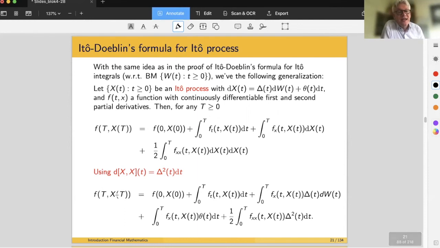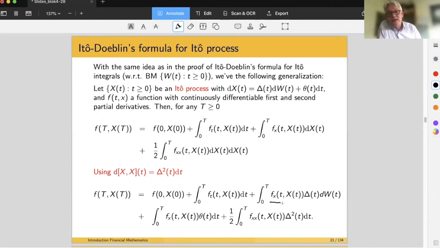f of t and x t is equal to f of 0 and x0 plus the integral from 0 to t of df dt at t, x t dt. And now we substitute for dx the two terms here. So we get two integrals, in fact. The integral from 0 to capital T of df dx at t, x t times delta t dW t, plus another of these, the integral from 0 to t of df dx at t, x t times theta t dt.